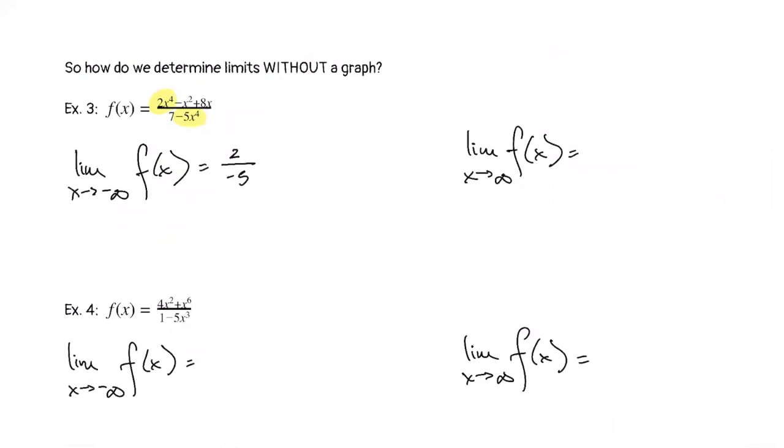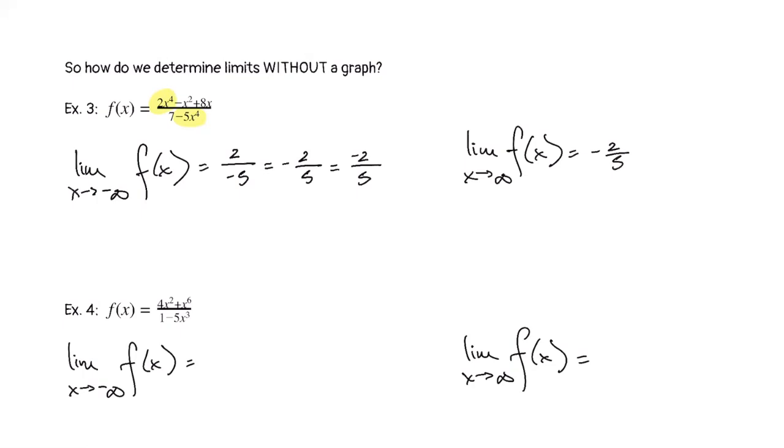So you could write 2 over -5. You could say -2/5. You could even say -2 over 5. Those would all be equal. And because it's a horizontal asymptote, it is exactly the same on the other end.